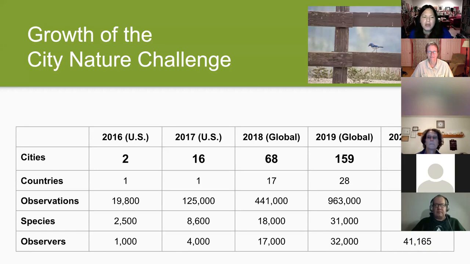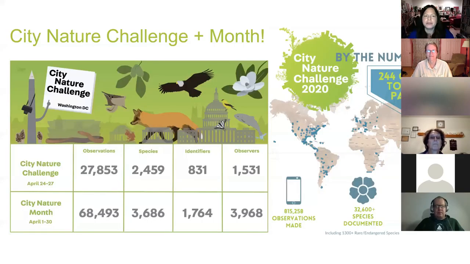If you notice the exponential growth in observations and species, then we went global so that other countries were joining us. We were competing against Jakarta and Tokyo and Rome. It was amazing. Each year the cities go up, and I'm sure it'll be even bigger in 2021. You can just see how everything exponentially grew because people were really getting into it.